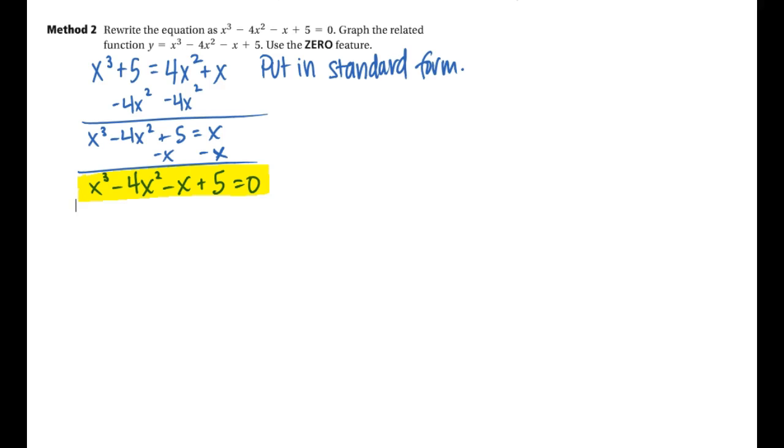The second method that we will be working through is using the original form and putting it in standard form, which I showed you right here, to get a polynomial of x cubed minus 4x squared minus x plus 5 equals 0, graphing that function and then finding the zeros by using the zero feature on the graphing calculator.